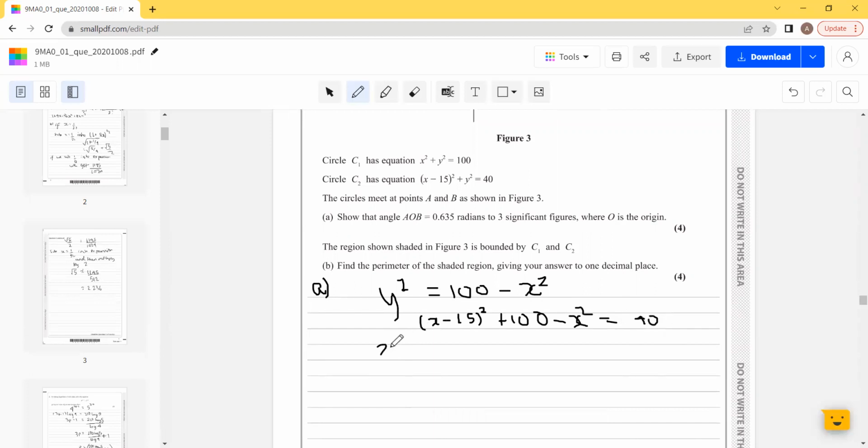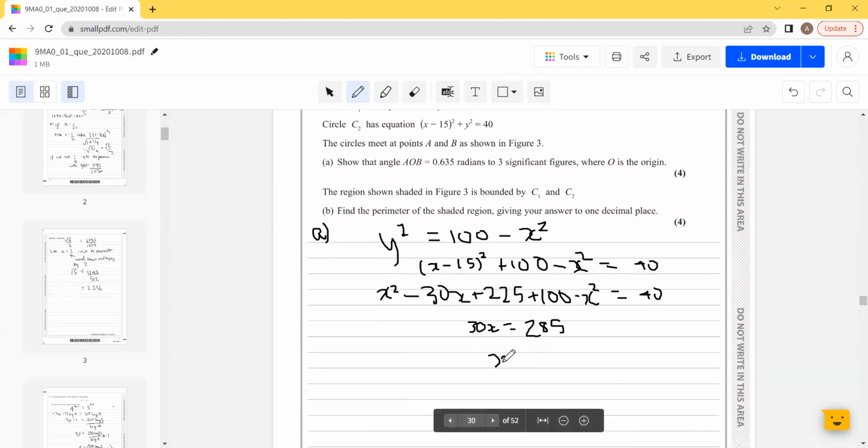So now I'm going to say that x squared minus 30x plus 225 plus 100 minus x squared is equal to 40. So 30x is equal to 285. So x is equal to 9.5, or rather, I can say 19 over 2.